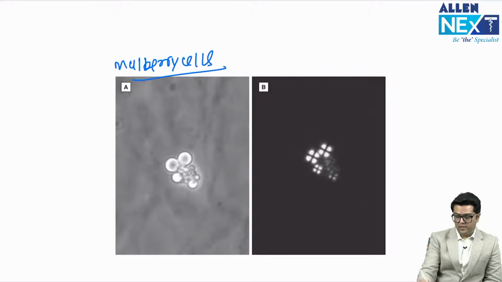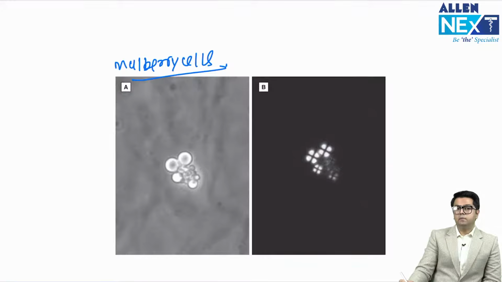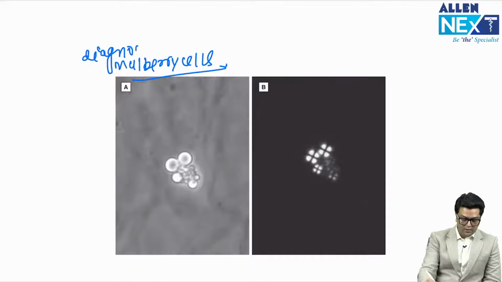When the urine was seen under the microscope, there is a lipiduria, and these lipid droplets contain the lipid-accumulated distal tubular cells which are known as mulberry cells. So these are diagnostic.